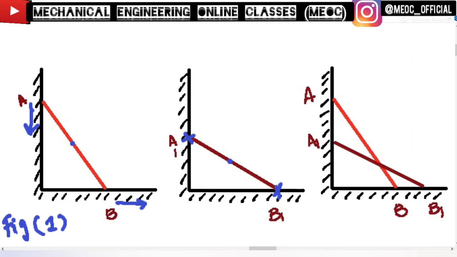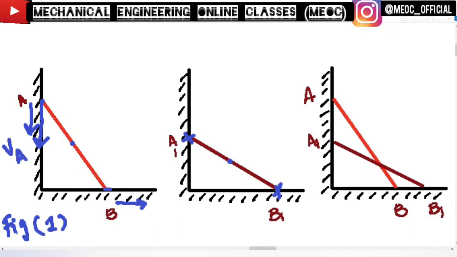In this first case from figure 1, the instantaneous center of rotation can be found as the intersection of the perpendiculars to the velocity directions. Now from figure 1, at AB, it should be sliding downward. So the velocity of this point is VA, for example, in the downward direction.